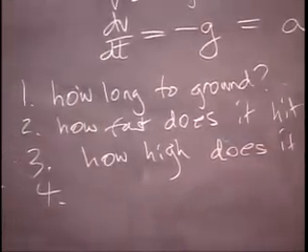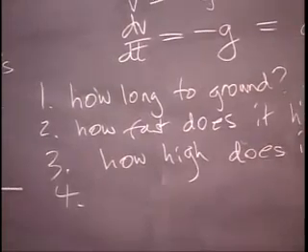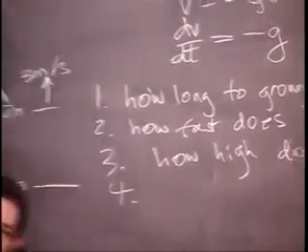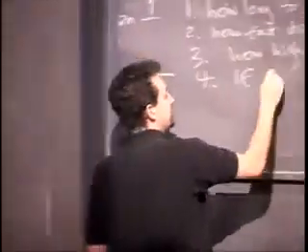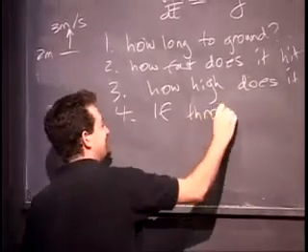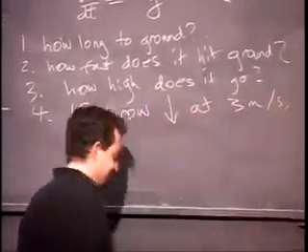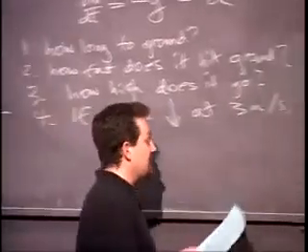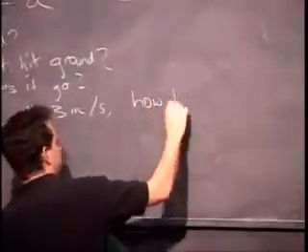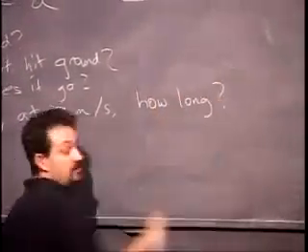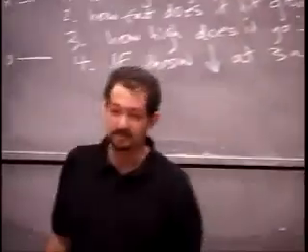If instead of throwing it up at 3 meters per second, I throw it down at 3 meters per second, how long does it take now? You would think it doesn't take as long because it doesn't have to go up and then come back down. It'll just go straight down.